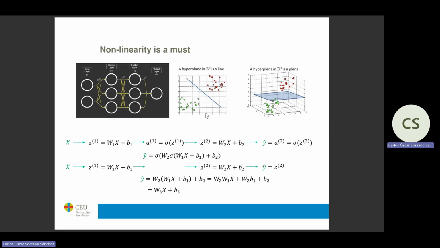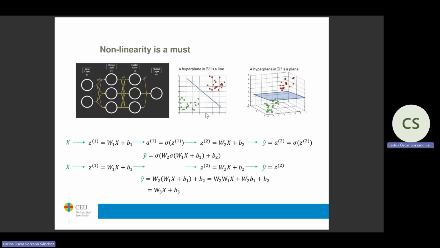Okay, so non-linearity is necessary to have this property of universal representation. So let's follow the path with a non-linear function in between, and then we will repeat it without the non-linear function.